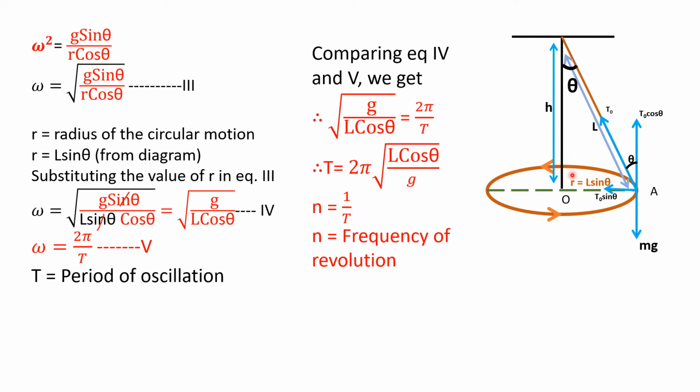We also know that frequency of revolution is equal to n, which is given by 1 upon T. Substitute the value of T in this equation. So we can write the equation of n is equal to 1 upon 2 pi into square root of g upon L cos theta.